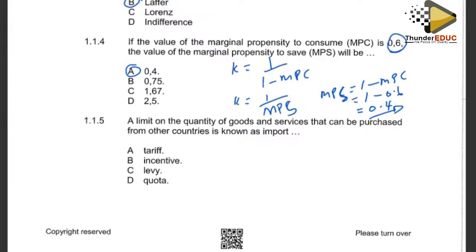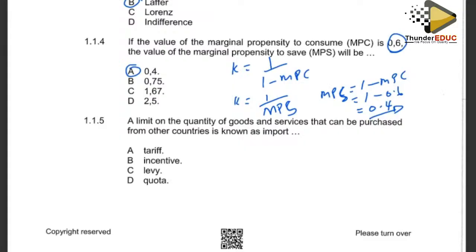If you still remember, in a previous lesson I explained different concepts. For example, a tariff is a tax that should be paid to the government. Also, we have the incentive, which is any privilege that is given. Then we talk of a levy.